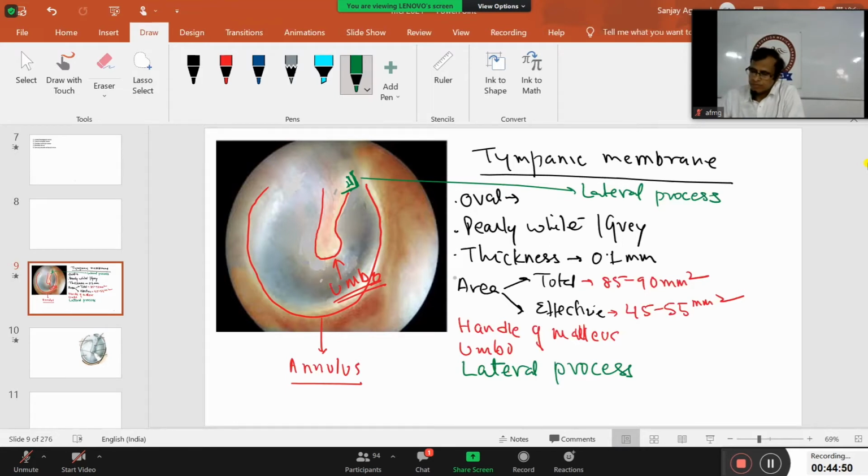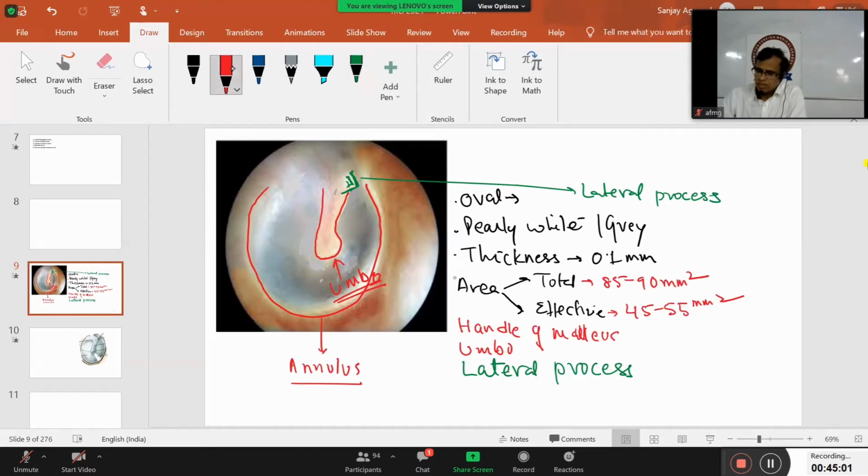Now, if you draw a line at the level of the lateral process, or you can say in the center of the lateral process, if I draw a line like this, the line divides the tympanic membrane into two parts. The smaller upper part and below that the larger part. And these two parts have names.